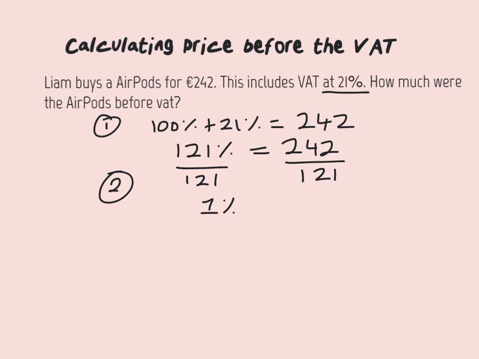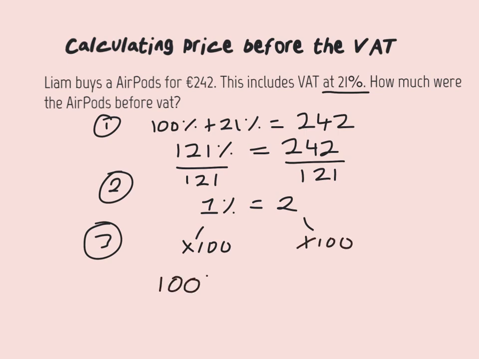So when you do that, you get 1% is equal to 2. And then our third step, our final step, is multiply both sides by 100. And you'll get 100%, because 1 by 100 is 100, is equal to €200. So his AirPods were €200 before the VAT.